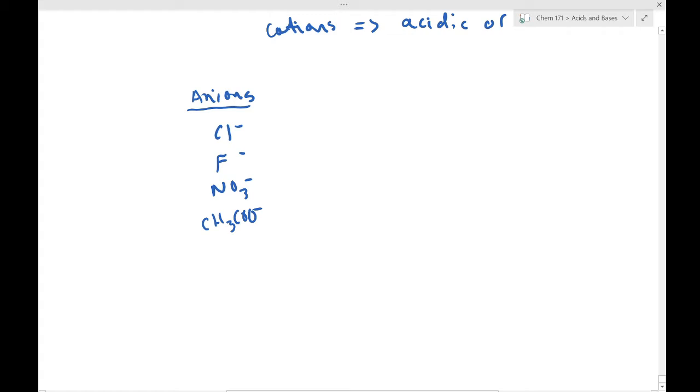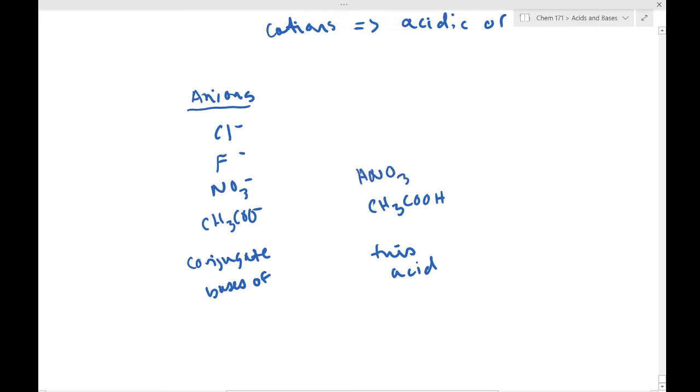Now these are all conjugate bases of these acids. This is acetic acid, CH3COOH. This is nitric acid, HNO3. This is hydrofluoric acid, HF. And this is hydrochloric acid, HCl. So these are all conjugate bases of these acids, but they are also very common anions.